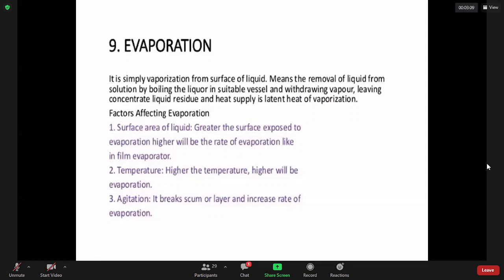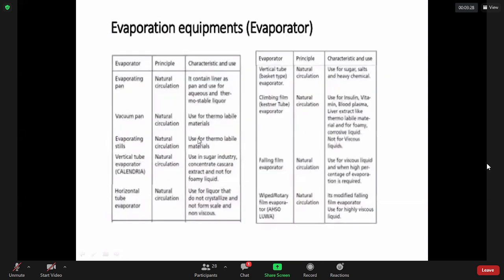We evaporate off the water. We have a rotary evaporator in the lab. How do we do that? How do you control the temperatures? How do you increase the surface area of the extract for evaporation and all those things? They are really very well explained in that.